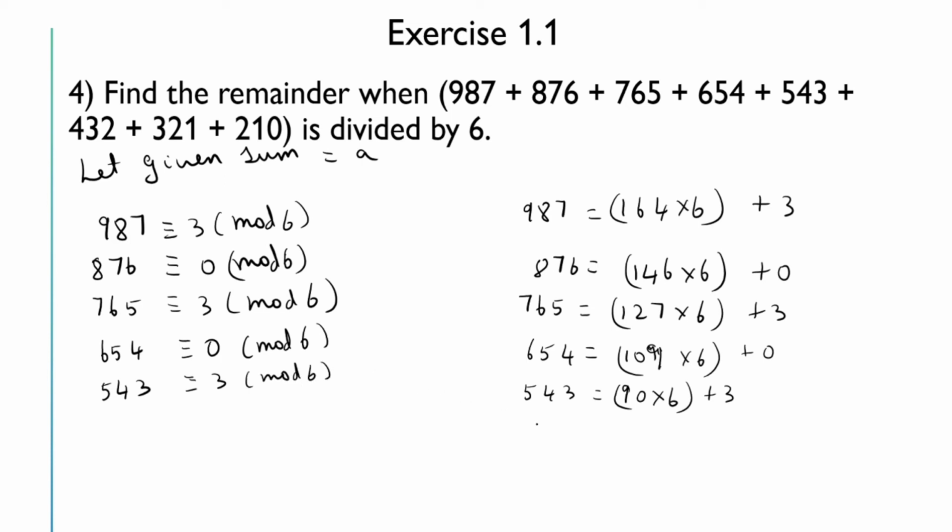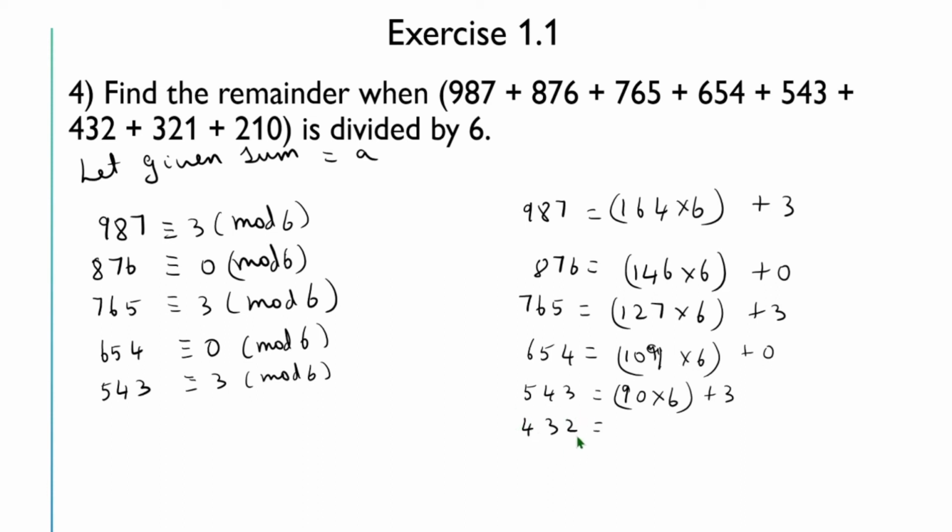The next number we have is 432. If you add the digits of this number, 4 plus 3, 7 plus 2, 9. So this number is divisible by 3 and it is an even number. So this number is divisible by 6.